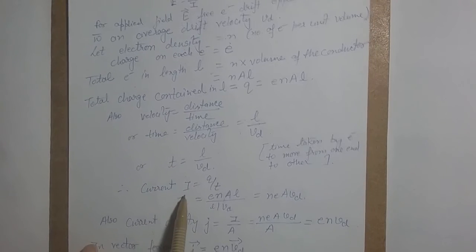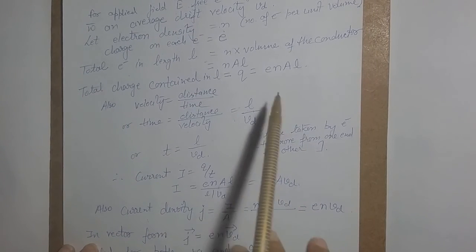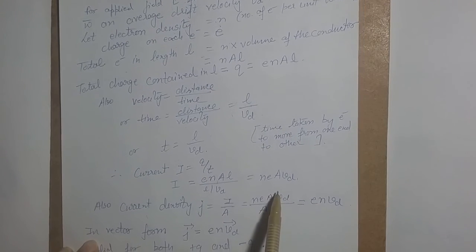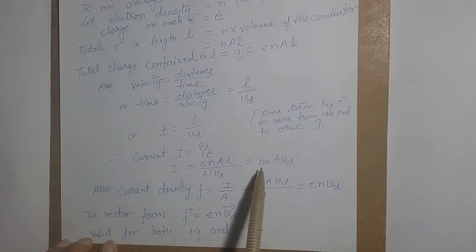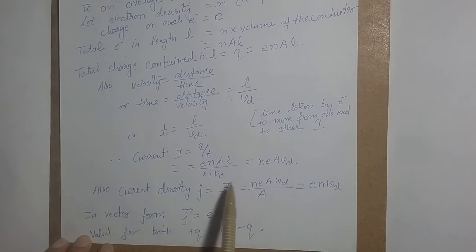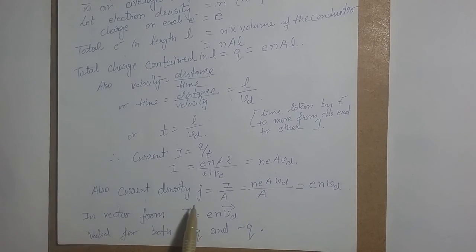Therefore the current, which is charge per unit time, after substituting the charge and the time, comes out to be the electron density into the charge into the area of the conductor into the drift velocity. So this is the formula for current flowing through a given conductor: I equals n e A Vd. Current density we know is current per unit area.